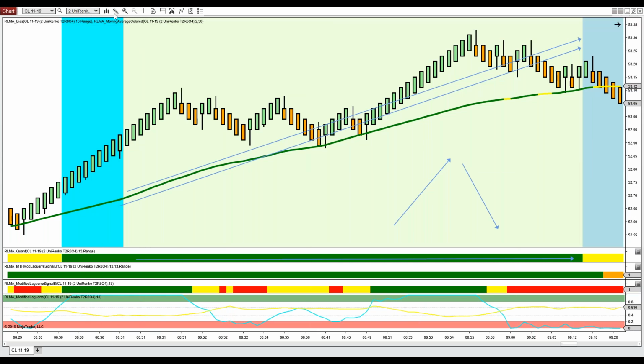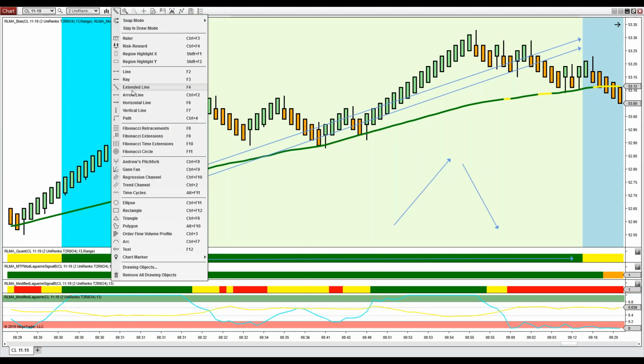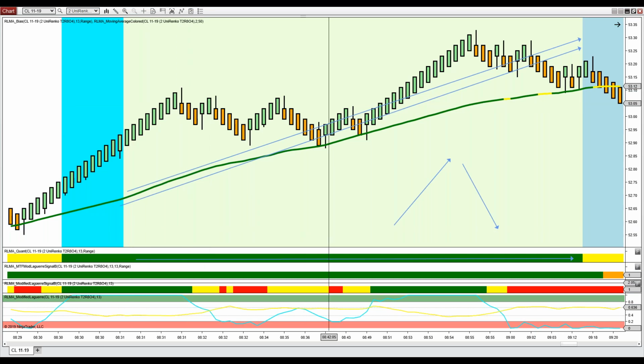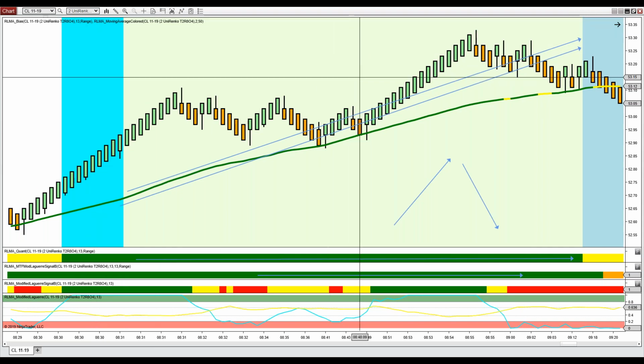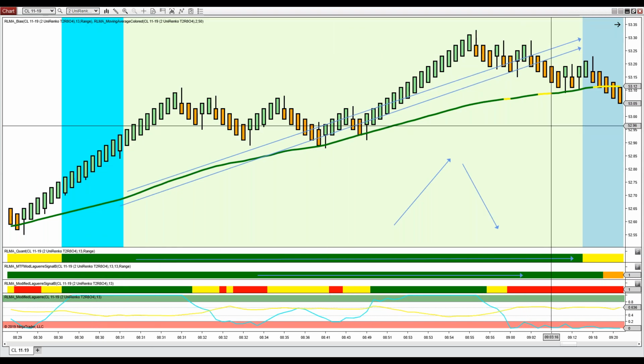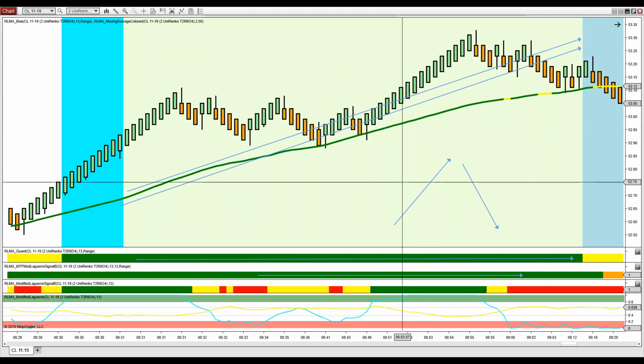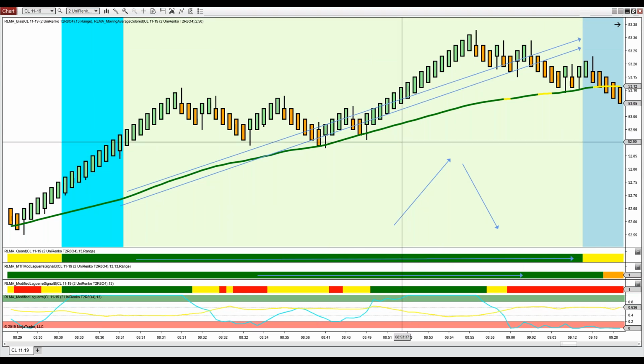Now, the other parameter that's very important is this Laguerre oscillator line. But this Laguerre oscillator is a multi-time frame assessment. You're trading a 2-unit Renko, it's looking at a 4 and a 6-unit Renko. Because what's happening on your trading chart is irrelevant.